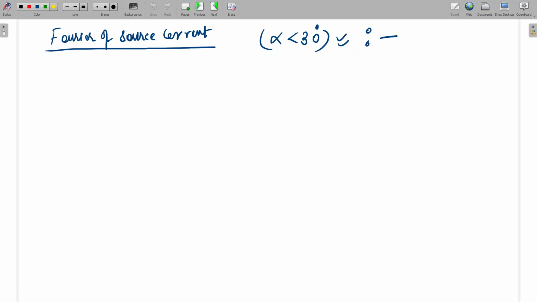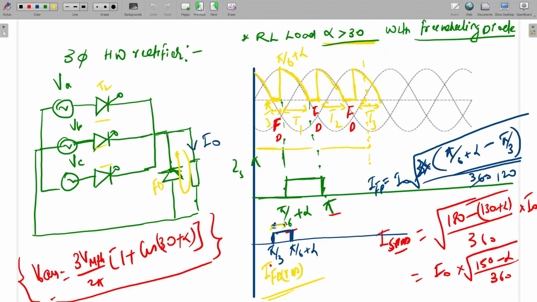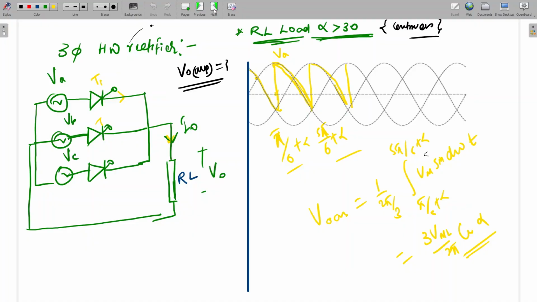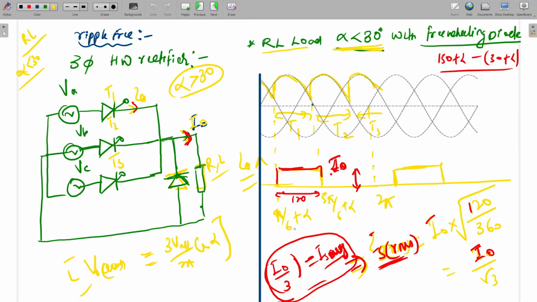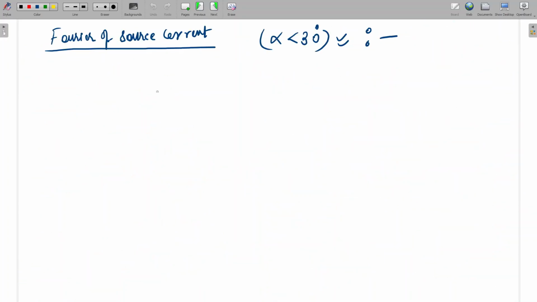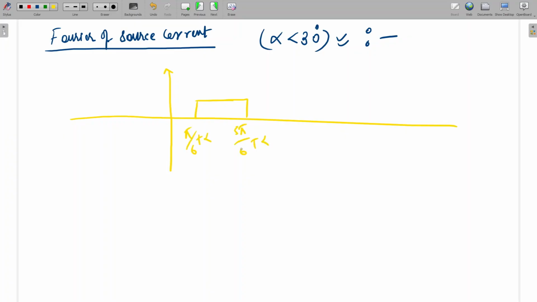So for alpha less than 30 degrees, first we will see the waveform. What was the waveform? The waveform was pi by 6 plus alpha to 5 pi by 6 plus alpha. Again, it was a repeating waveform. So I'm going to draw the same waveform. This is pi by 6 plus alpha. Here it is 5 pi by 6 plus alpha.